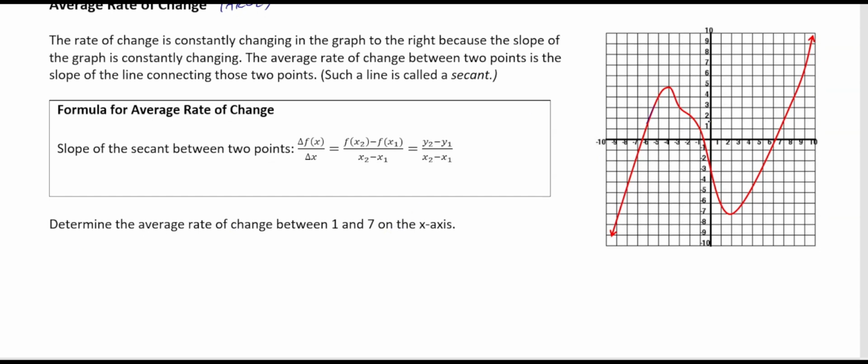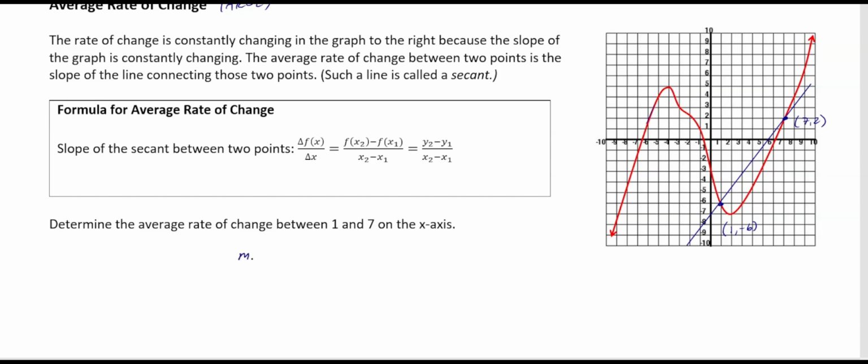So I'm going to go to 1 right here and put a dot here, and then 7 on the x-axis, and I put a dot here, and I have my two points now. My points are (1, -6) and my other point here is (7, 2). Essentially, I'm going to draw a line between those two points and find the slope of that line. I've drawn my line there, and now I can do the slope.